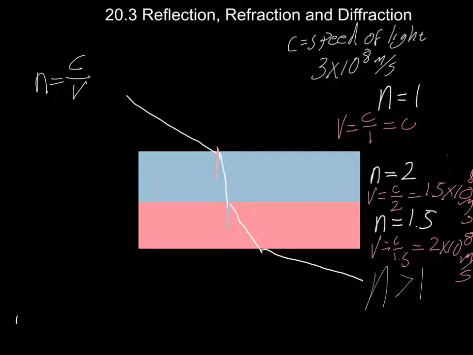So we go from a low index of refraction to a high index of refraction, and when we do that, we have a sharp turn. We go to a slightly lower index of refraction, so it's a slight curve away from the normal, and then when we go back to our original substance, we curve back and go to that same angle. So this is what is happening with refraction.